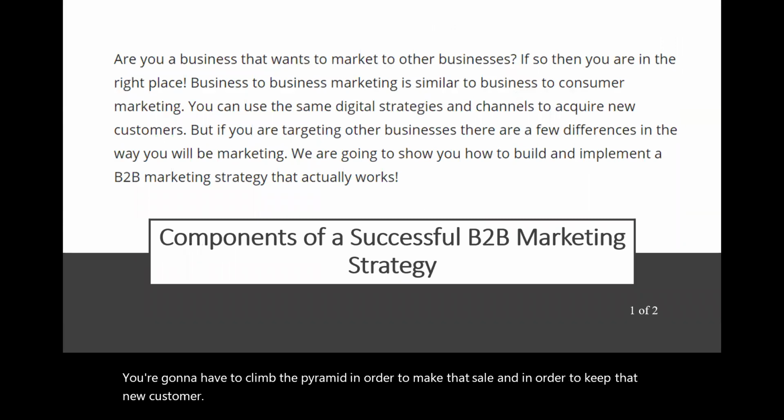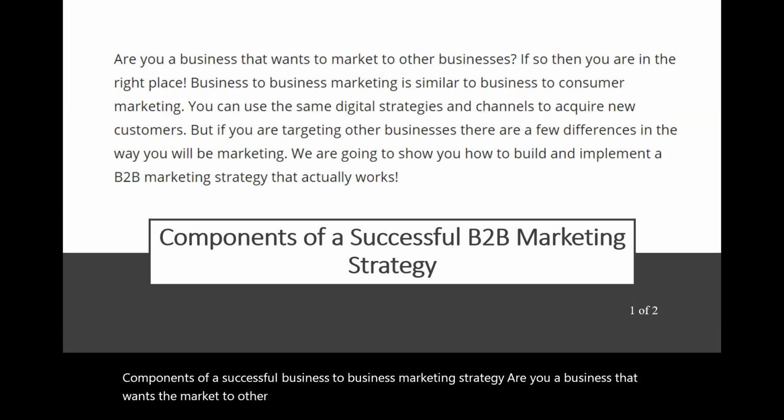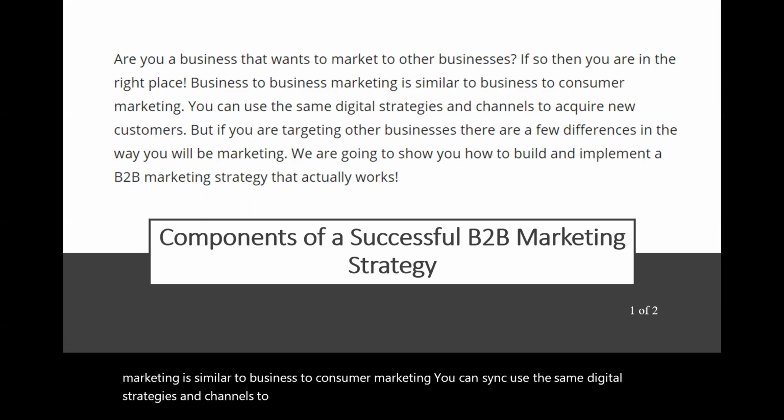Components of a successful business-to-business marketing strategy. Are you a business that wants to market to other businesses? If so, then you are in the right place. Business-to-business marketing is similar to business-to-consumer marketing. You can use the same digital strategies and channels to acquire a new customer.